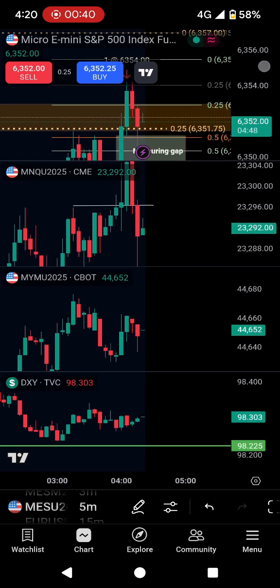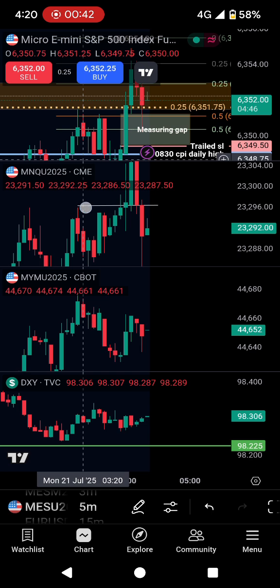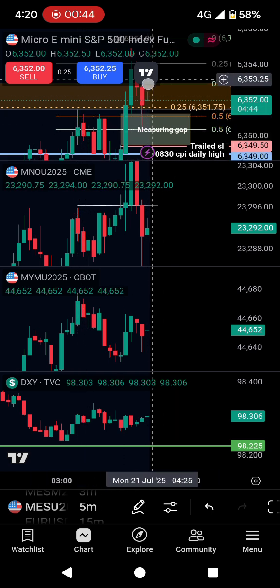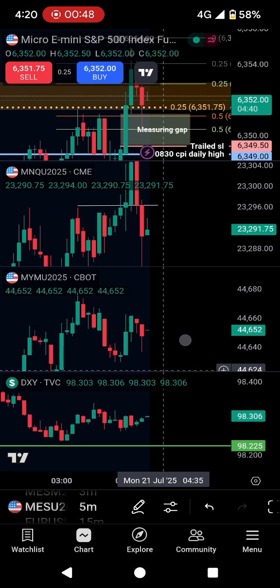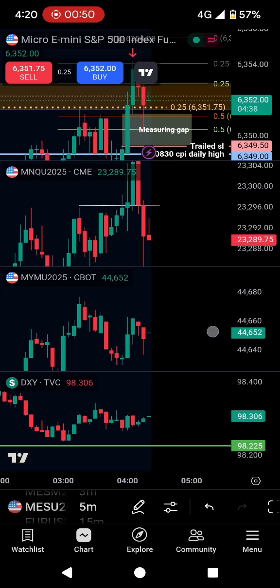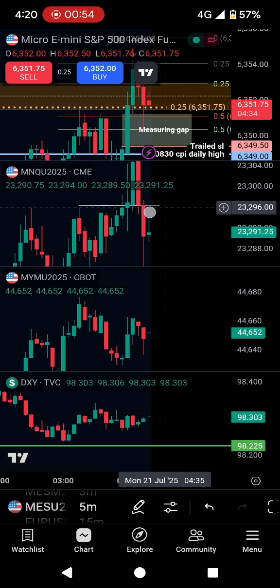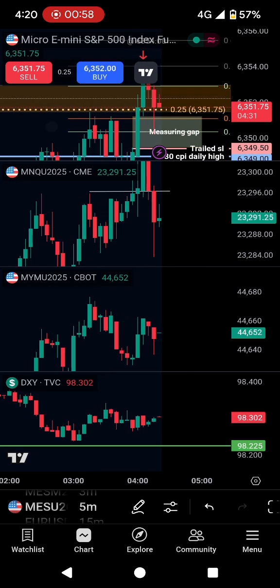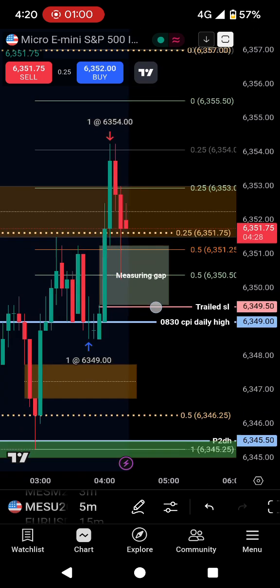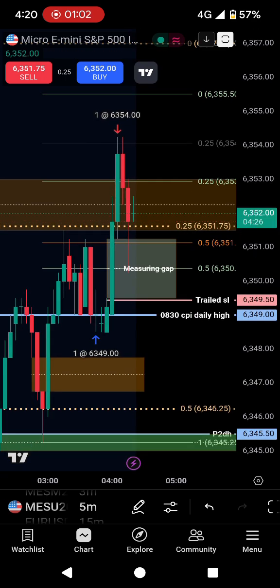Because what I'm seeing here, okay, so this swing high, S&P still above it, Nasdaq no more above it. So right now we have a not strong kind of reaction right here, as Nasdaq is firm below already. And so the last line of defense right now is still where I'm placing my stop loss, okay?